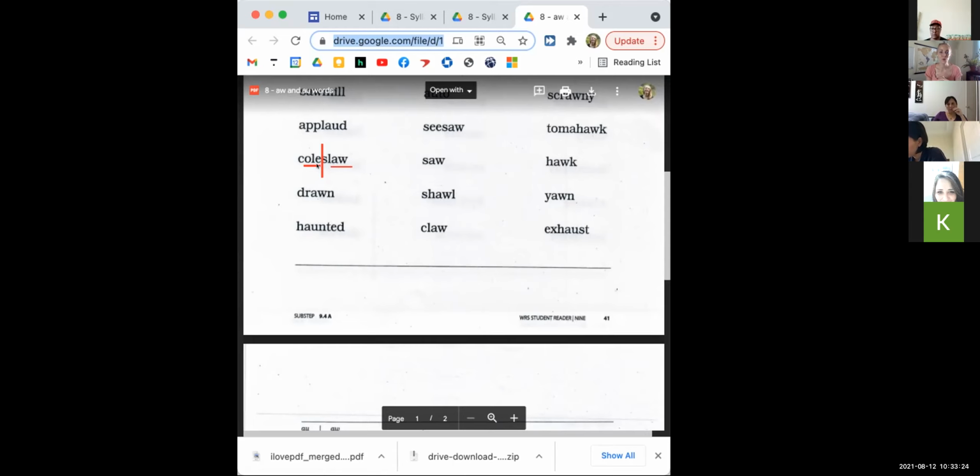Coleslaw is a type of food. It's made from cabbage and some kind of, I don't know, like mayonnaise type of sauce. And it's very popular in the southern United States, and I don't like it. So that's all I know about it. It has a very sour kind of taste to it. Do you know coleslaw?